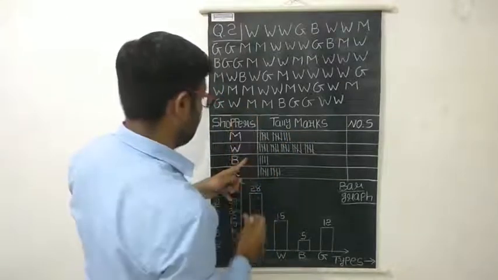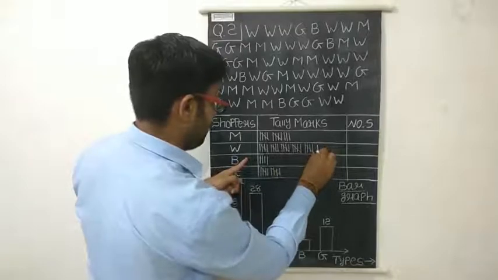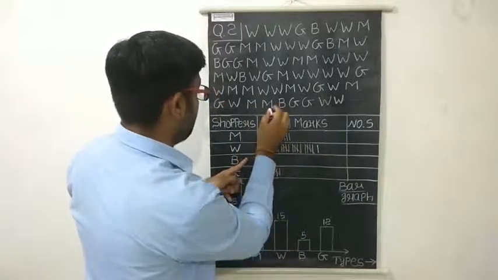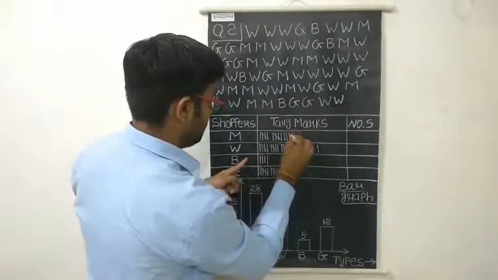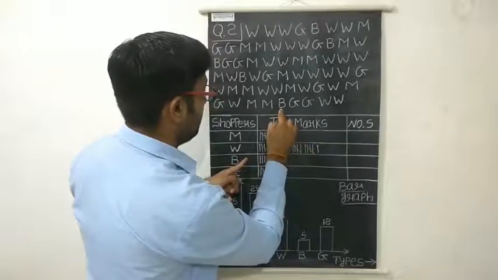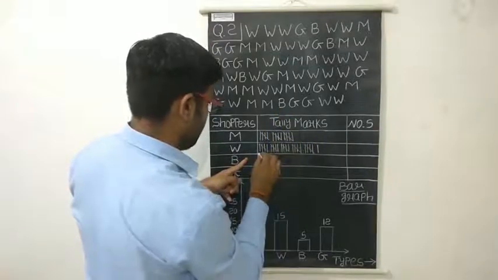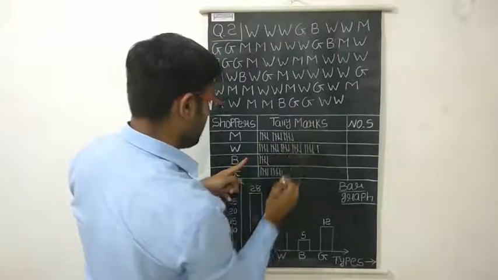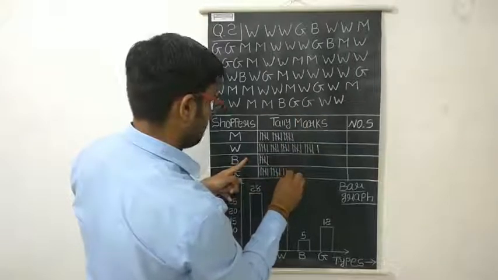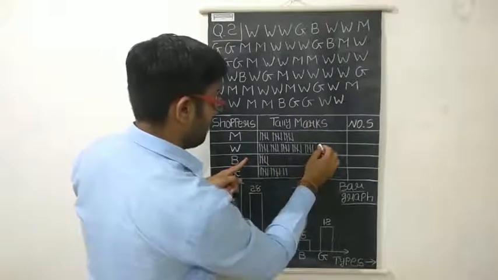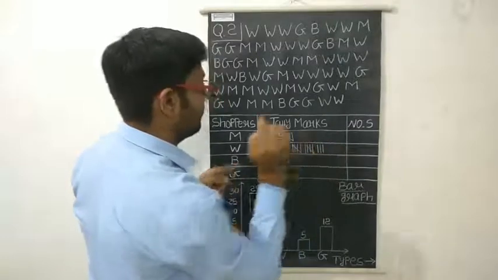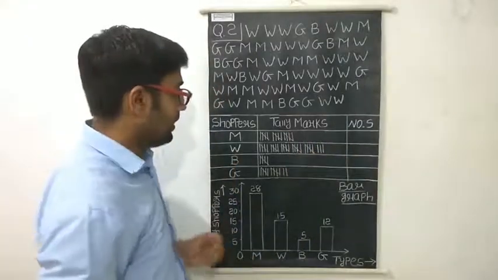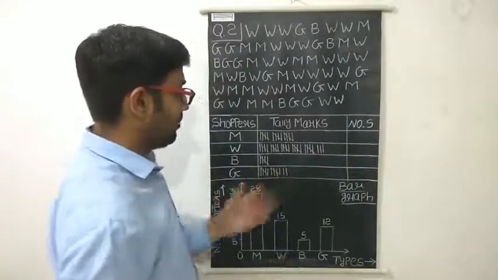Then woman, again one woman, then two men, then boy, one boy, two girls and two women. Complete? Okay.